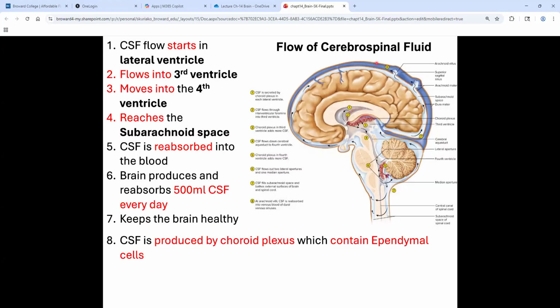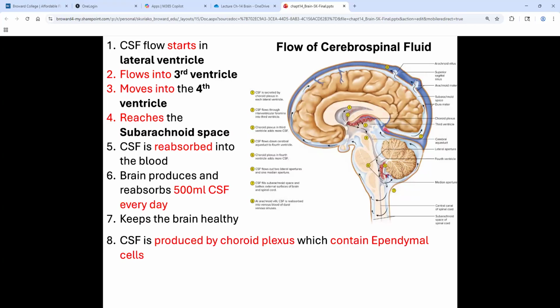So it's produced, it's not reabsorbed. So that'll increase the size of the head. And the treatment for that is a shunt. So what you do is that you put a little tube into it and you drain it. So that'll take off the pressure and the head will come back to the normal size.